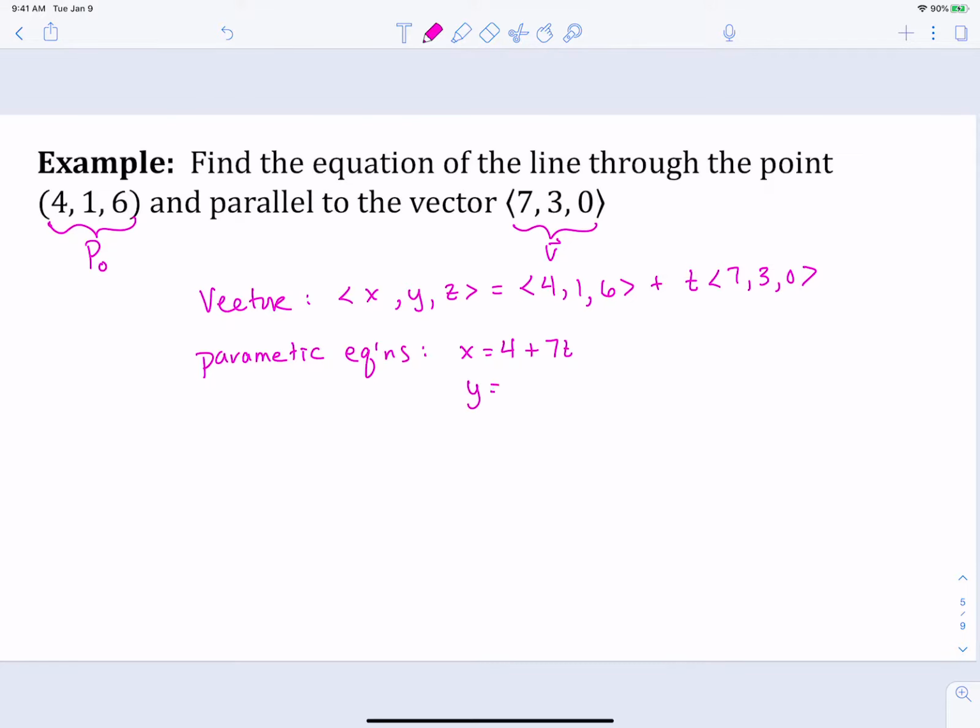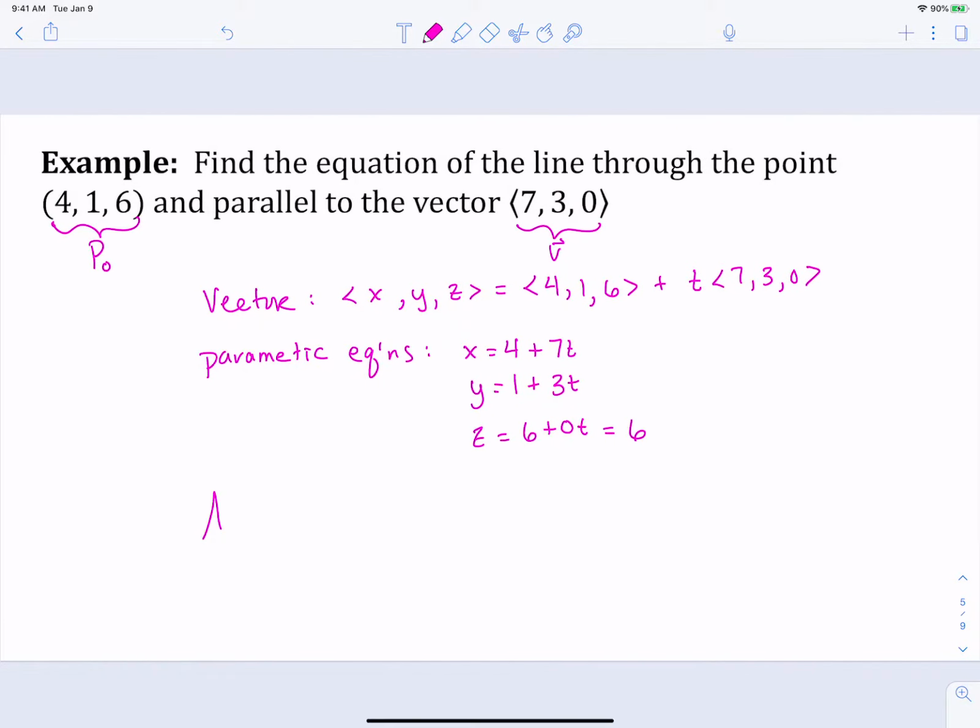We get to y from 1 plus 3 times whatever we make our scalar variable, and z is 6 plus 0 times t. Ooh, 0 times t, that means it's just 6. So what this is saying is that the z value is always 6 on this line. So this is actually going to be parallel to the xy plane and always going through z equals 6.